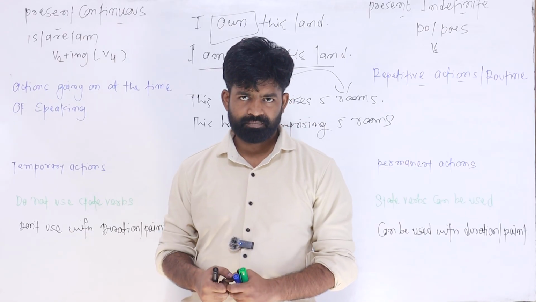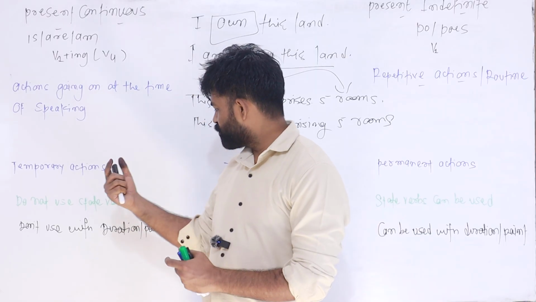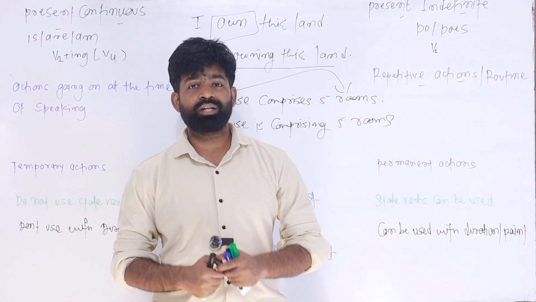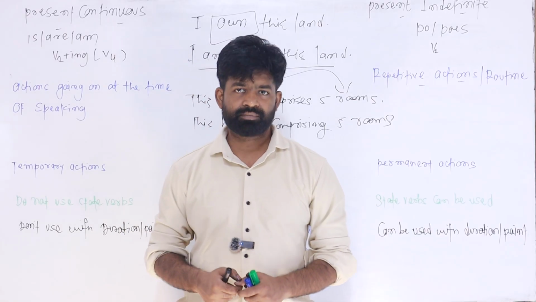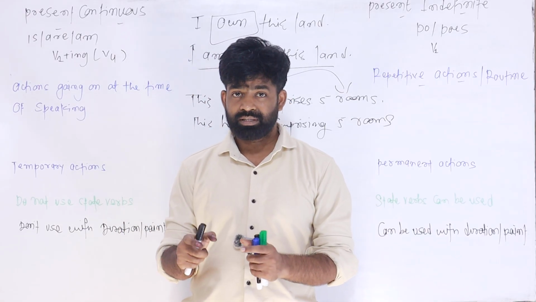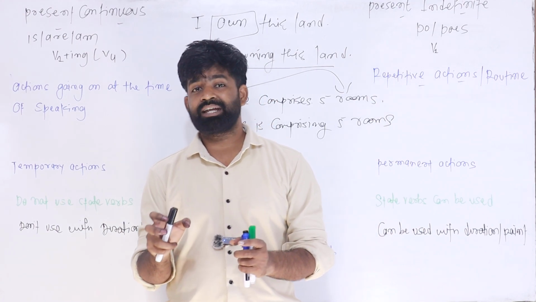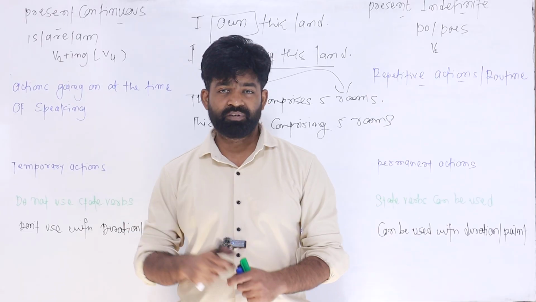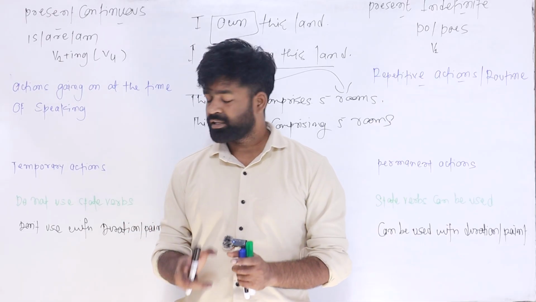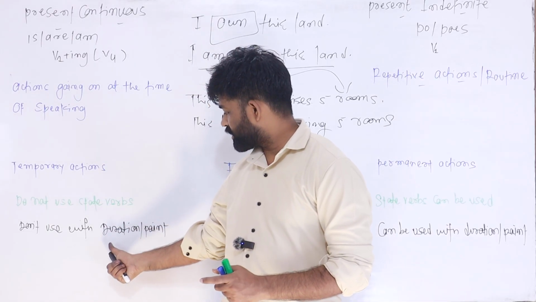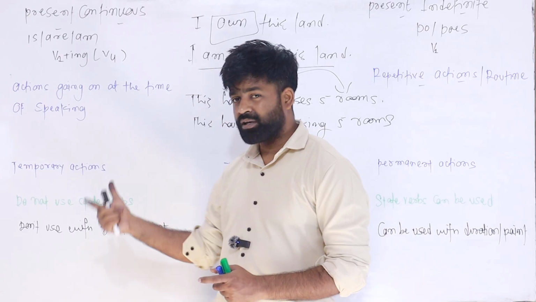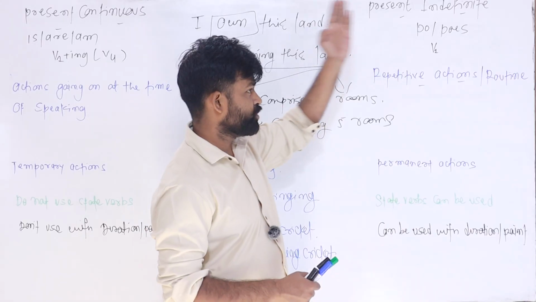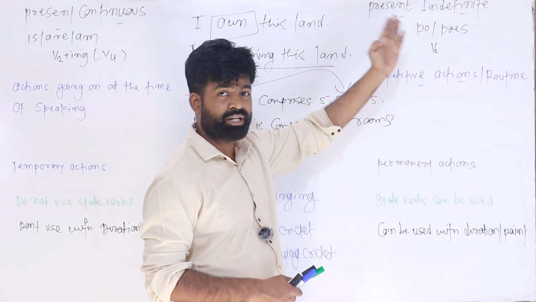It means you play cricket at 5 p.m. every day. In the same manner, you cannot use duration of time with present continuous tense. You cannot say it is raining for 2 hours because the situation is of present perfect continuous tense that we'll talk about in our upcoming videos. So definitely you do not use duration and point of time with present continuous tense, while I can always use duration and point of time with present indefinite tense.